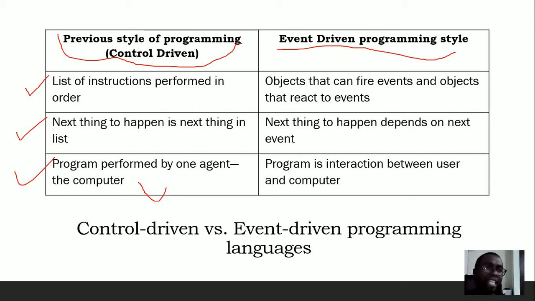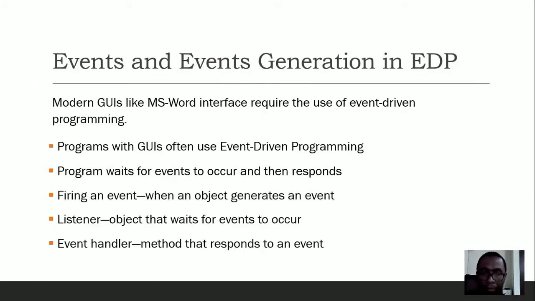So we, in most cases, would generate events, and then the computer will react to the events and give us the solutions to what we have been trying to do. Unlike previously, where control had to run from top to bottom.